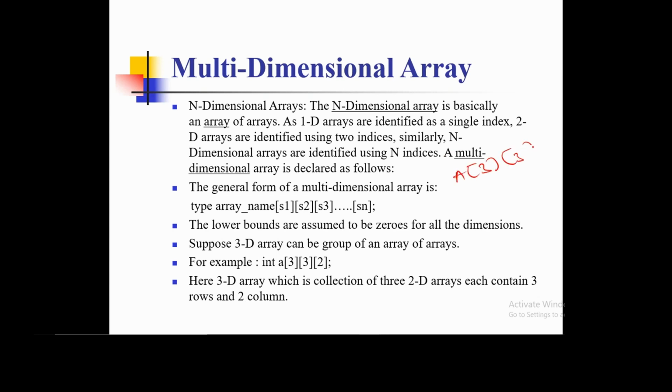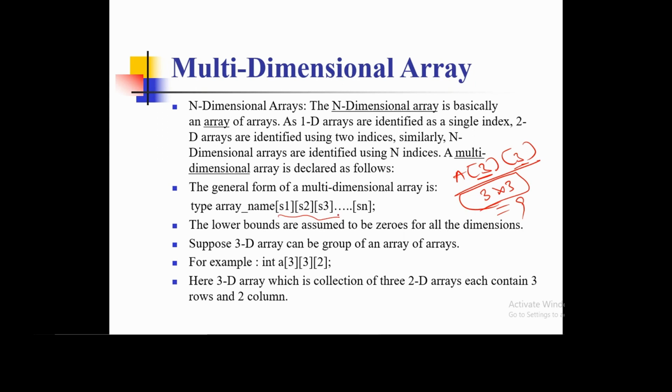In this case, if the lower bound is not given, then we can assume it as 0 if required. These are the number of elements in the first dimension, and these in the second dimension. So the total number of elements will be the number of elements in the first dimension multiplied by the number in the second dimension: 3 into 3, that is 9.